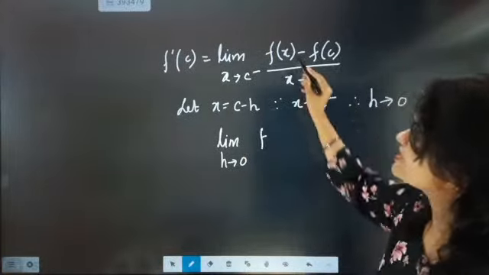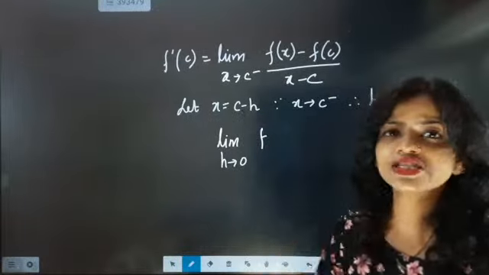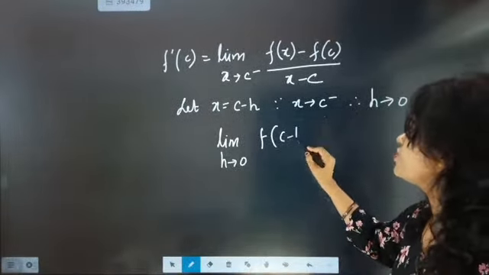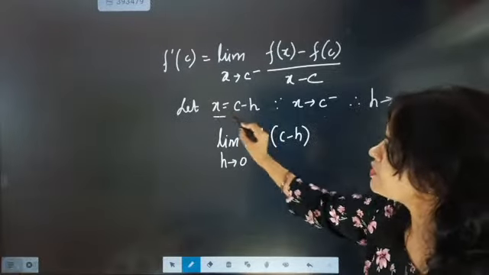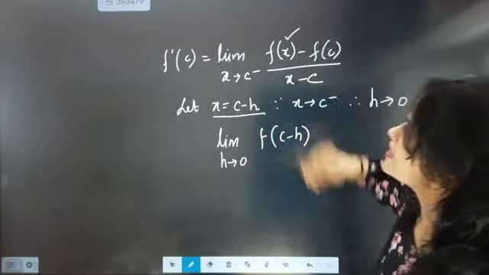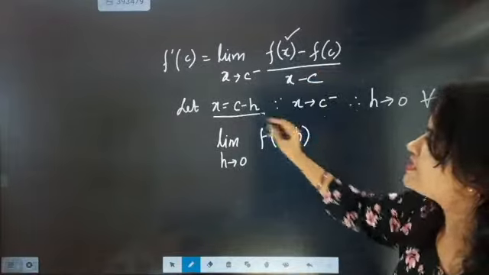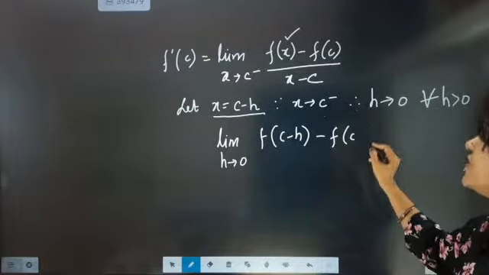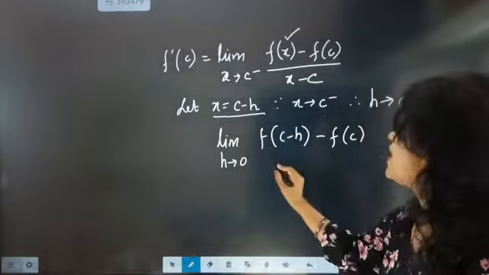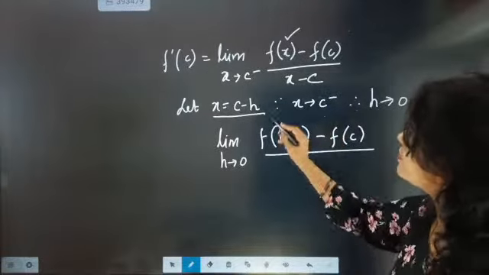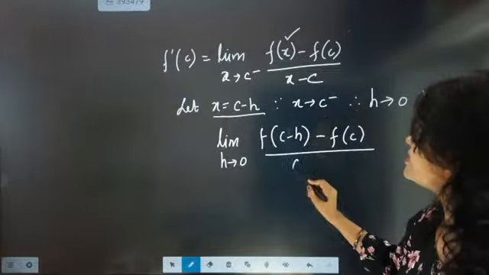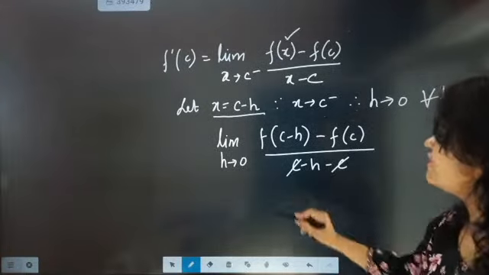Now wherever x is there, we have to replace x by c minus h, because x equal to c minus h. So f of x becomes f of c minus h, minus f of c, and c will be written as it is. Then x minus c becomes c minus h minus c, so c and c get cancelled.